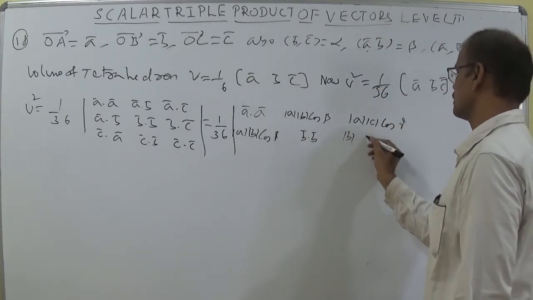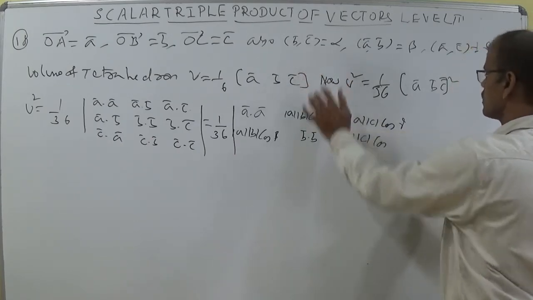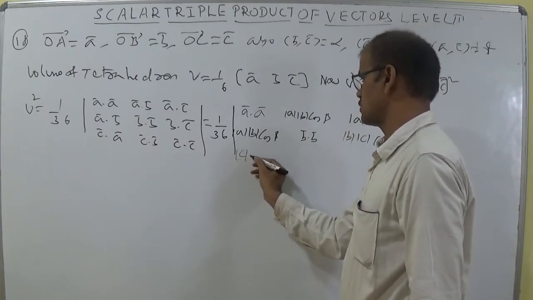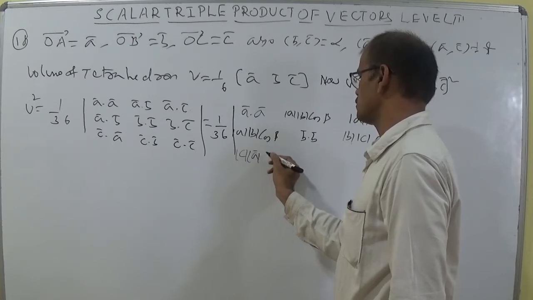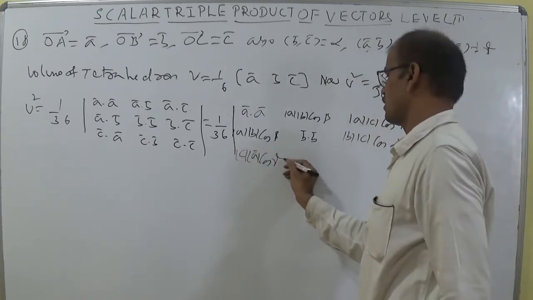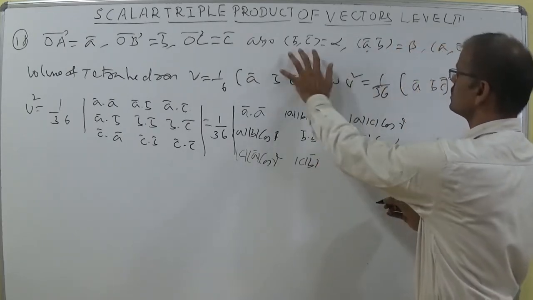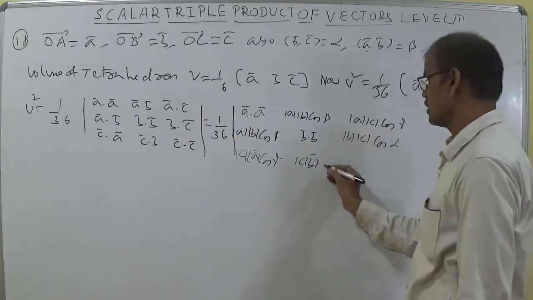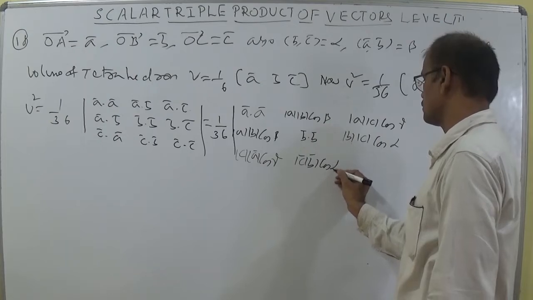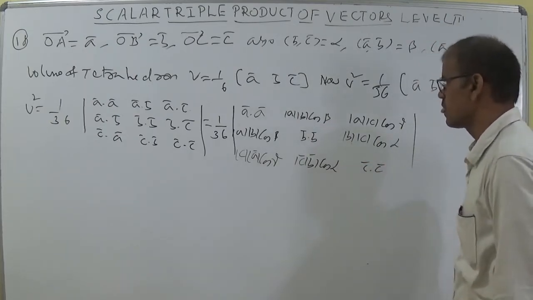B dot C is mod B into mod C into cos alpha, the angle between B and C. C dot A is mod C into mod A into cos gamma. Next mod C into mod B into cos alpha, as B dot C and C dot B are the same in the dot product. And C dot C you leave like this.